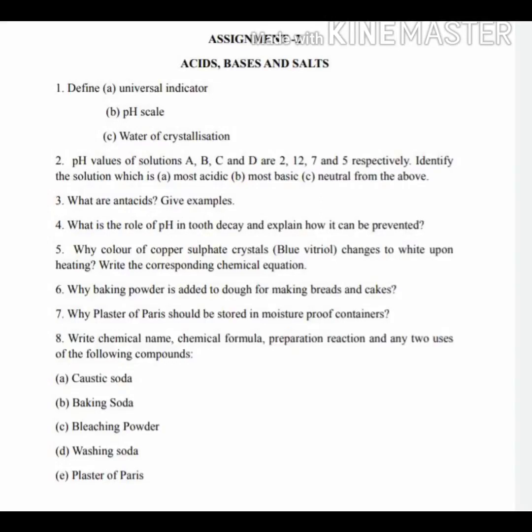You have to heat gypsum at 100 degrees Celsius, that is CaSO4·2H2O. On heating you will get POP, CaSO4·1/2H2O plus 3/2 water molecules. Its two uses are in making toys, in making the surface smooth, and for setting fractured bones in the right position.